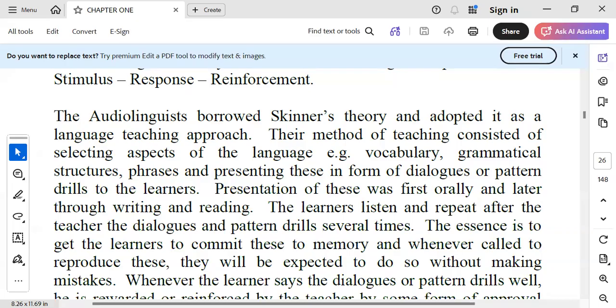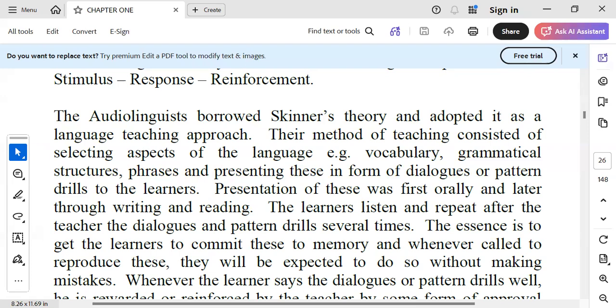Now, the audiolingual method was a very popular teaching method in the 1960s and 1970s, like the early 1970s. The motivation they had then came from the psychological theory of behaviorism, which is popularly associated with B.F. Skinner.